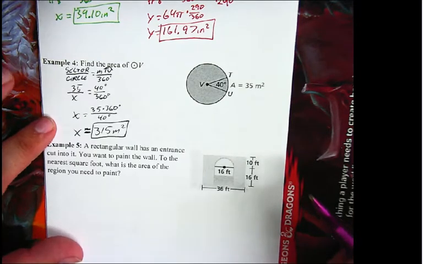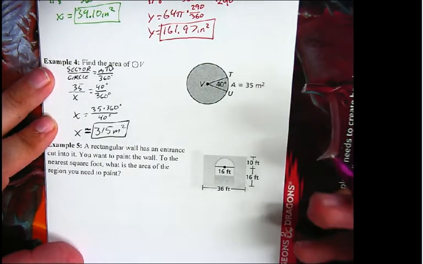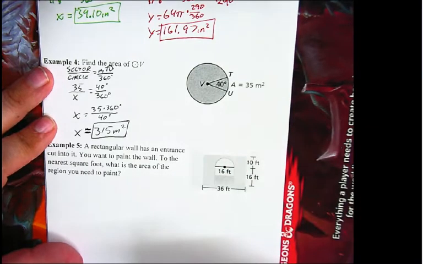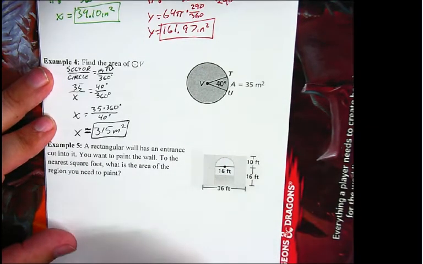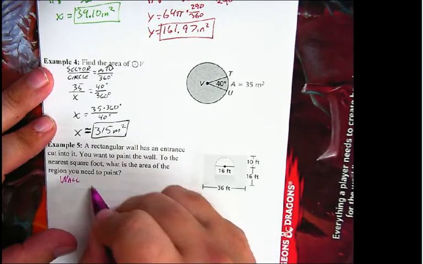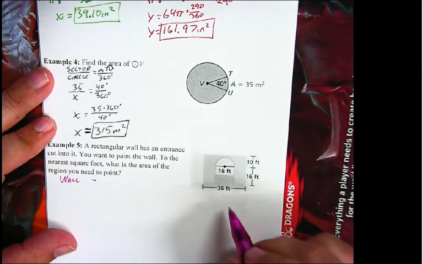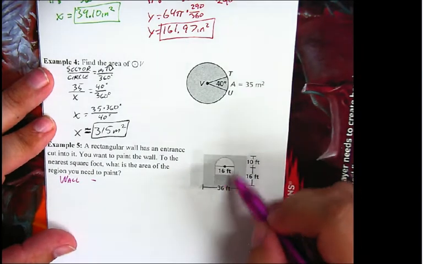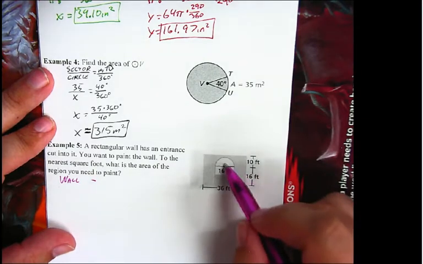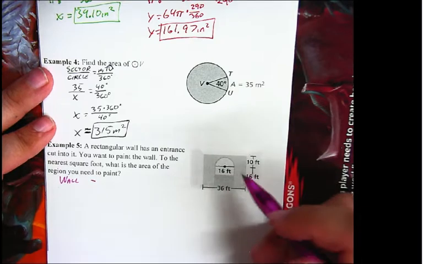How are we going to do that? Well, simple enough. We're going to find the area of the entire thing minus the parts that were cut out of it, right? So we have the wall minus the door. Well, the door is in two different pieces. We're going to take it in two parts because we can't do the area of this little shape here, we don't have a formula for that.